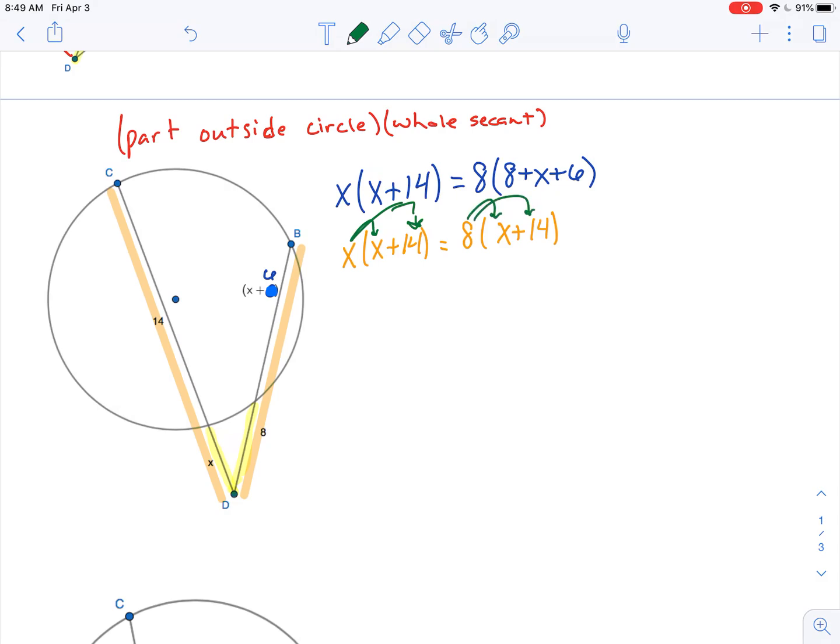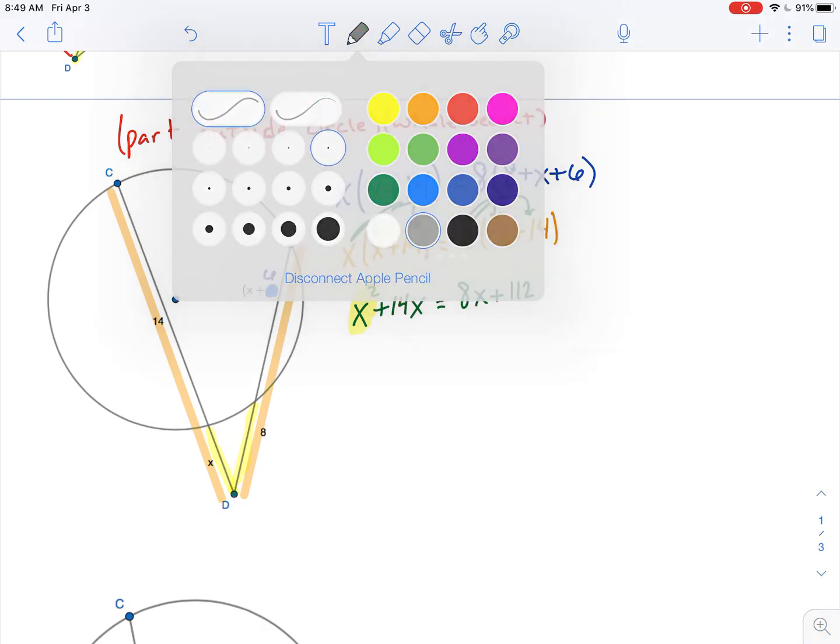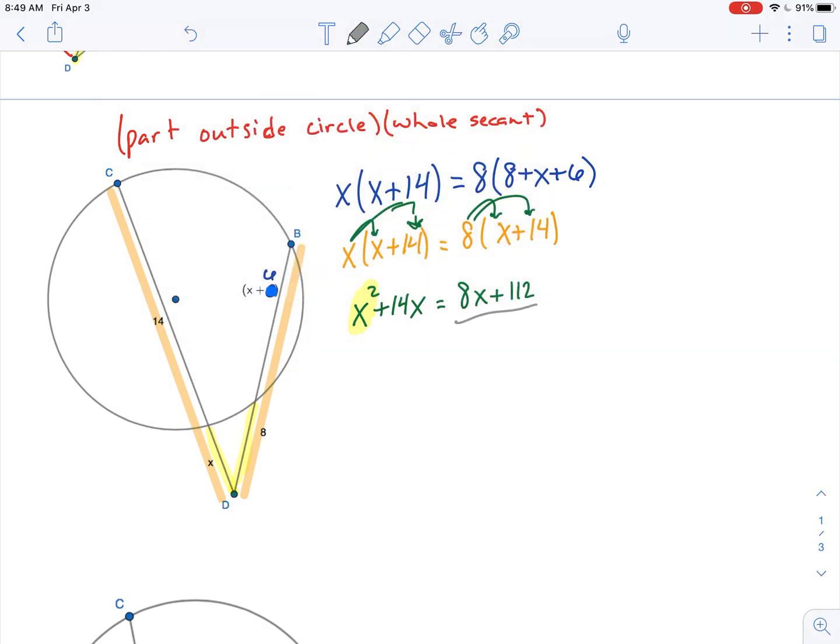So now I've got, if I distribute to both parts, x squared plus 14x equals 8x plus 112.